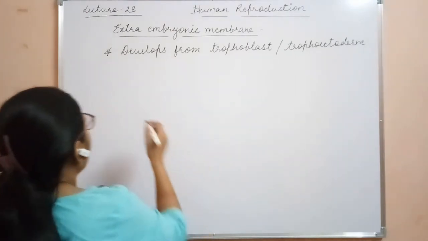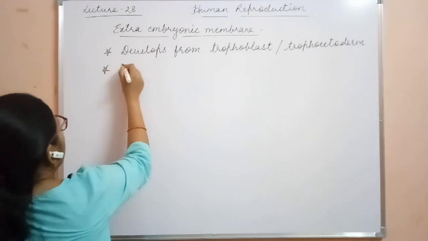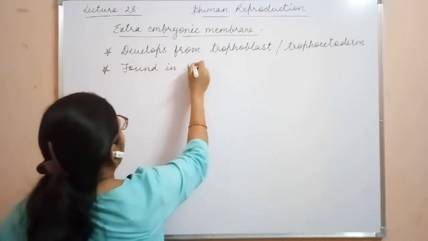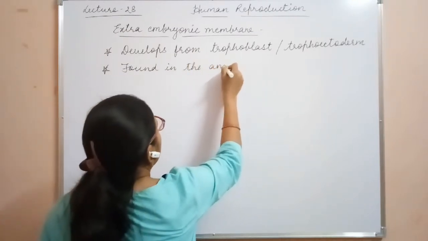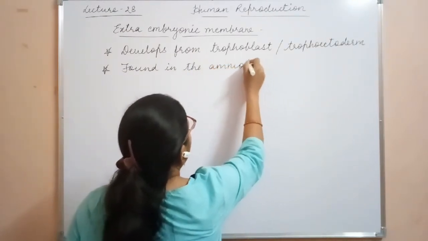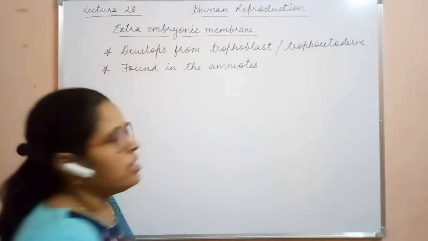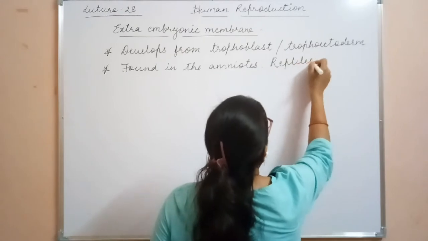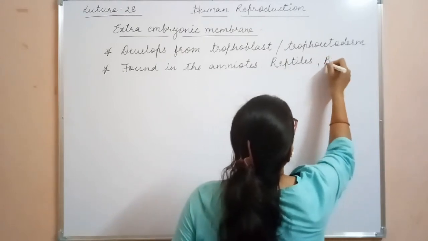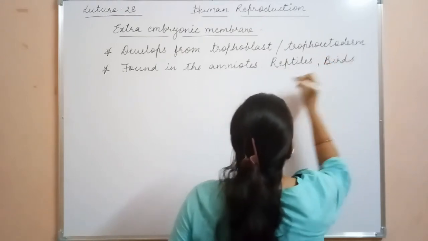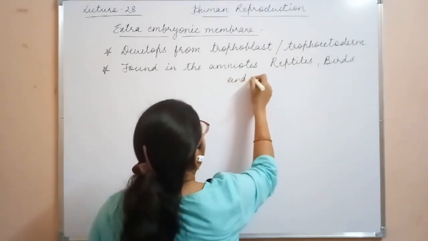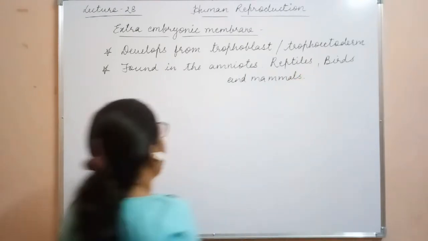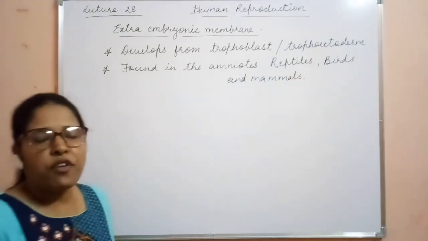These membranes are basically found in the amniotes, like reptiles, birds, and mammals. In these organisms, the extra embryonic membranes are found.